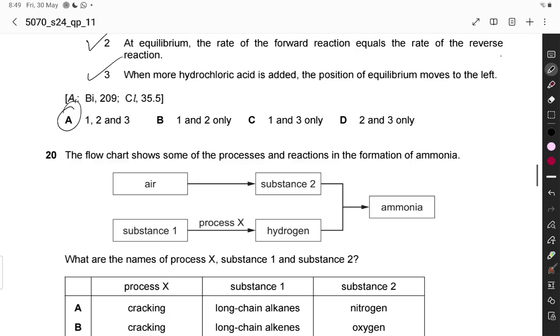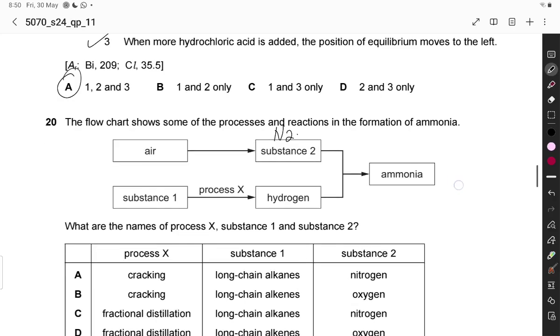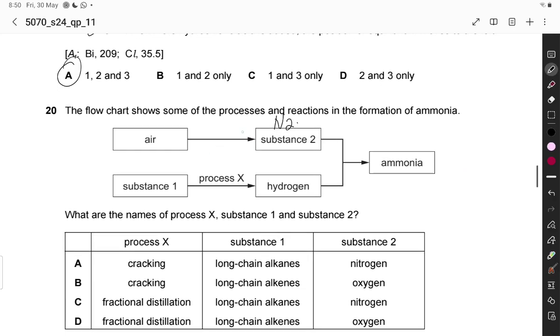The flow chart shows some of the process and reactions in the formation of ammonia. Substance 2, from air we get nitrogen, and the process is fractional distillation of air. Substance 1 is hydrogen, from cracking of oil.